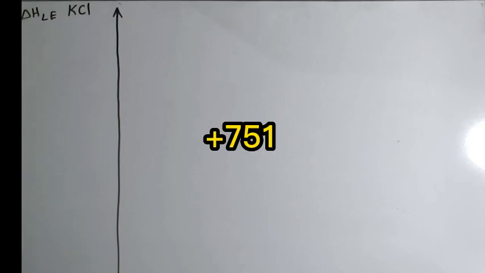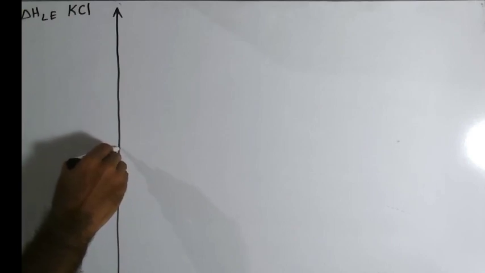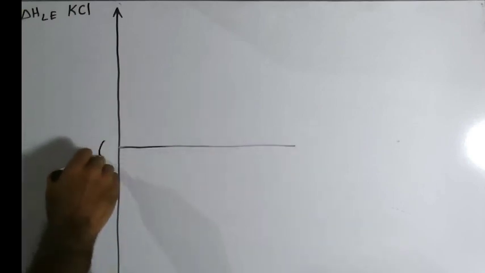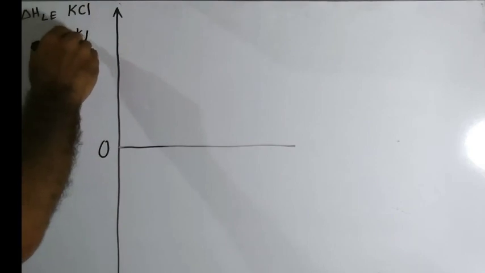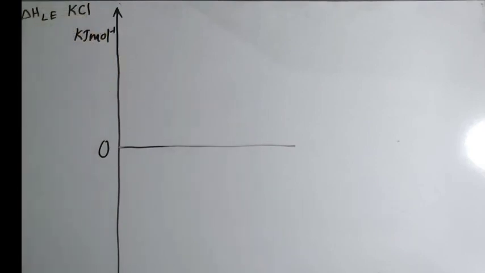I got a positive value of 751 and a negative value of minus 786. That means they are nearly equal, so I can keep the 0 point roughly in the middle. The unit is kilojoule per mole. It is important when you manage the space you have.